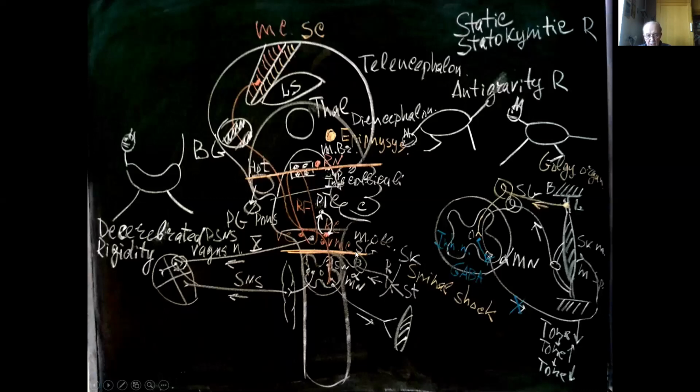After this cross-section there appears areflexia, then atonia. Atonia means the decrease of the muscle tone, and paralysis. The animal can't move, but in time there will be the second stage.